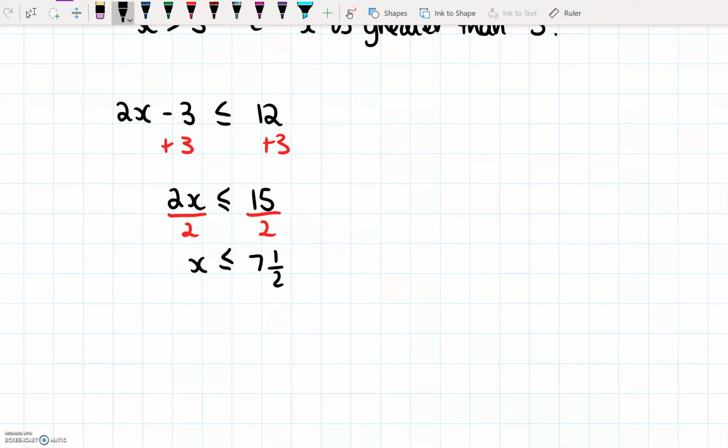So for the most part, this doesn't actually change very much at all. There are a few exceptions.